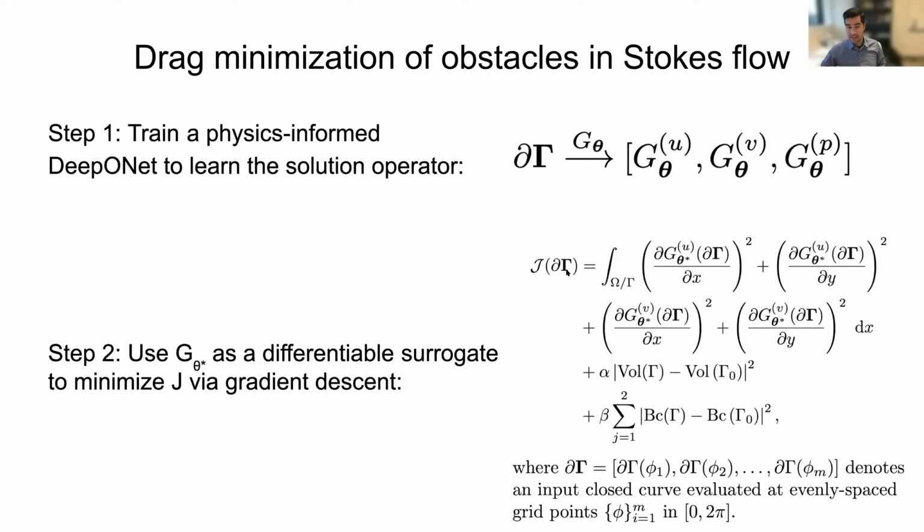Not only that, now the cost functional is differentiable with respect to gamma because our DeepONet model is differentiable with respect to the input geometry. And therefore, we can actually employ gradient-based optimization techniques to solve this in almost real time. Obviously, there's the offline cost we need to pay for training the DeepONet, but once this is done, the actual shape optimization problem can be solved in real time.